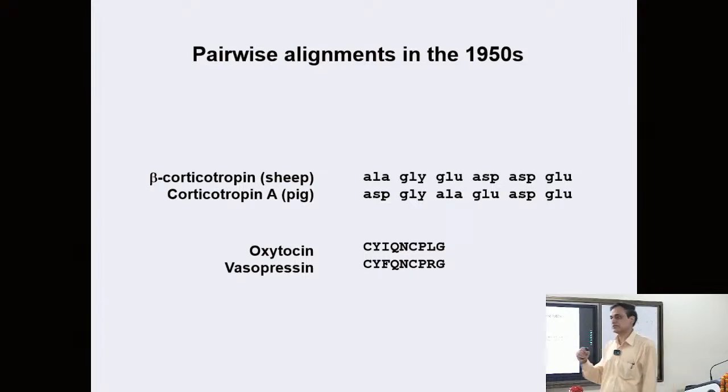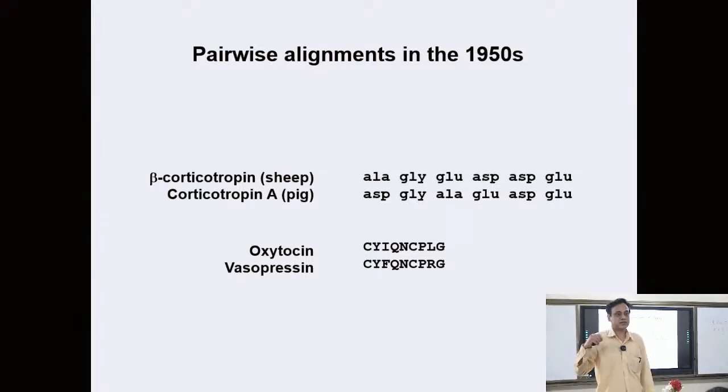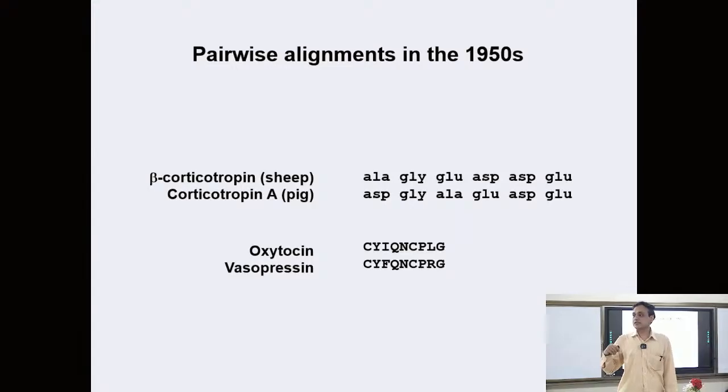Identities are positions where identical residues are aligned. So you want to align in a way so that there is a maximum number of positions where identical residues are aligned, basically maximizing the identities.